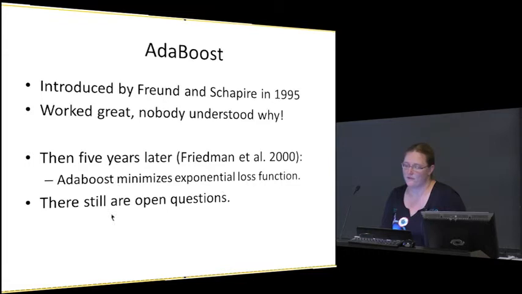And it took over 5 years until Friedman actually came up with a theoretical explanation of what AdaBoost might do. And in his book, he writes he still has open questions about it. So I think it's a very nice example where intuition can help you build a classifier that performs really well in practice, even if not even the experts understand why.